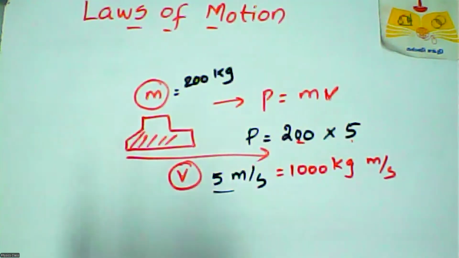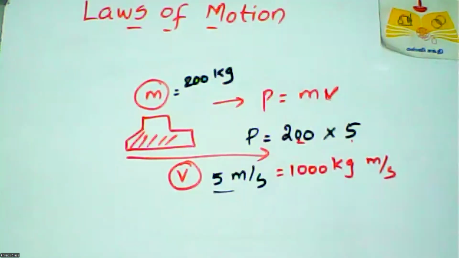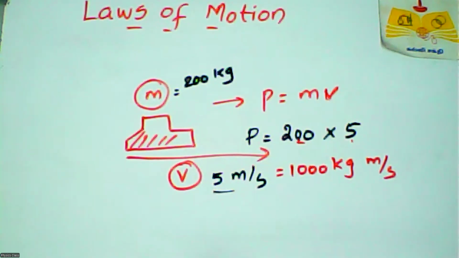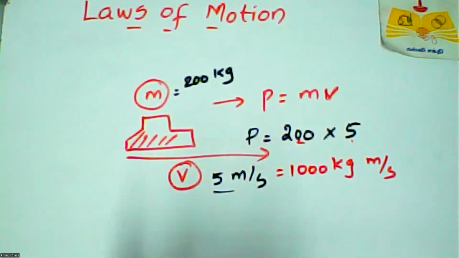So this is the momentum of this vehicle, 1000 kg meter per second. It may be a car, a ball, a very small stone, a person, whatever else. Something that has mass and is in motion, momentum is produced on that body. Now clear?